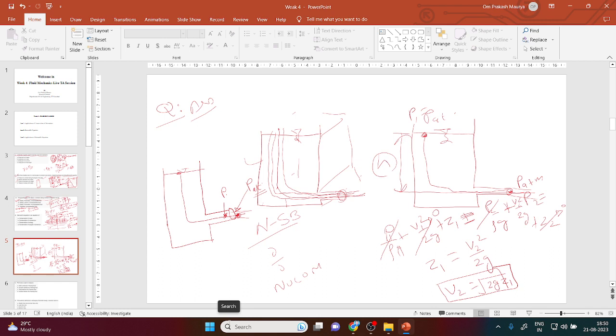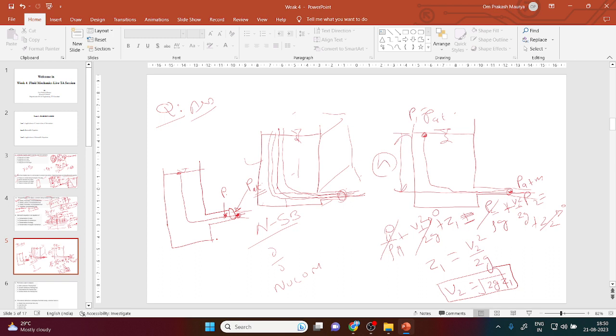But when we take that point outside the tube, the pressure at that location is atmospheric pressure, so the velocity corresponding to that atmospheric pressure will be calculated, isn't it? Yeah, based on that only we are calculating.